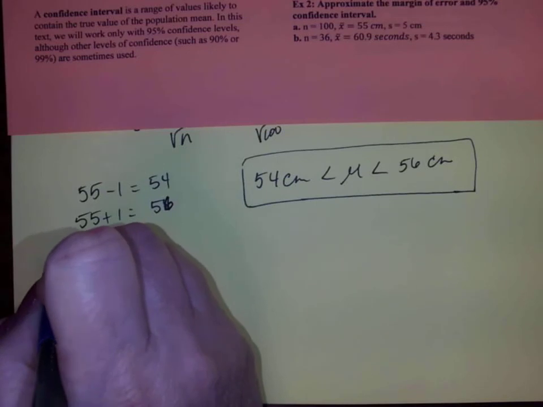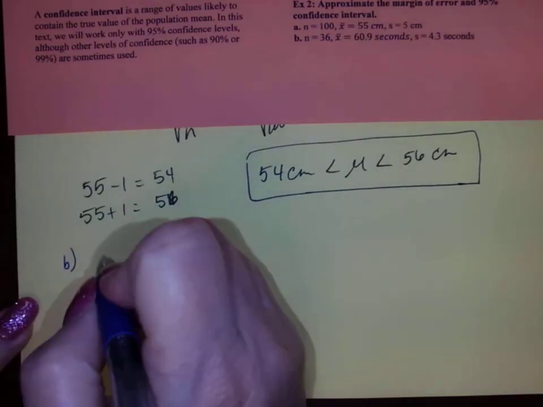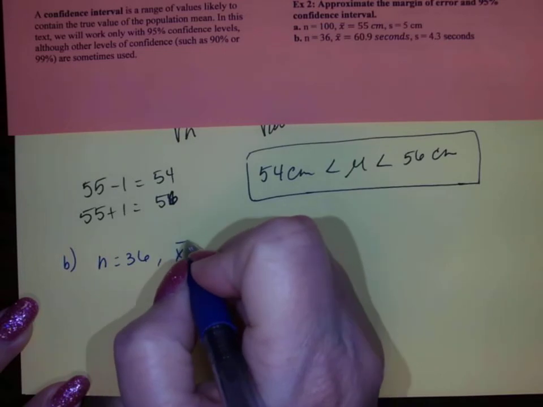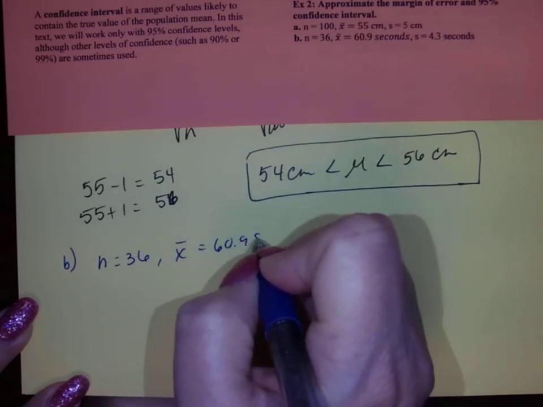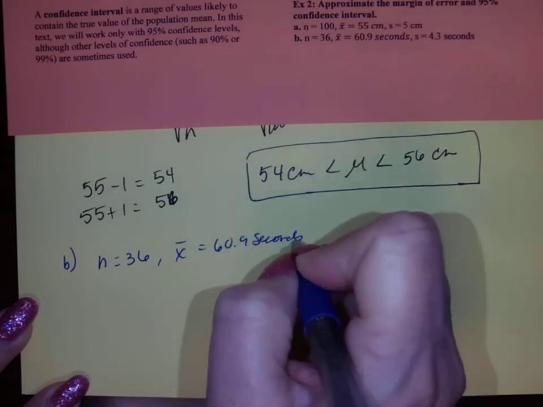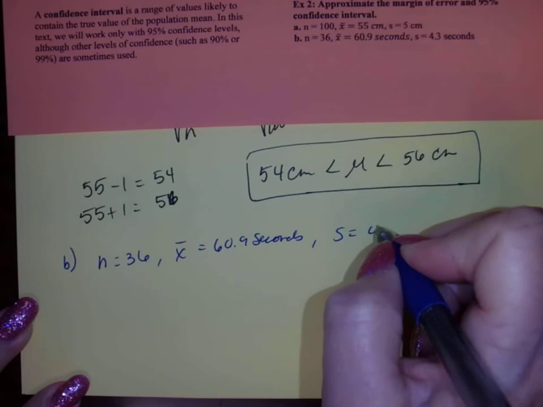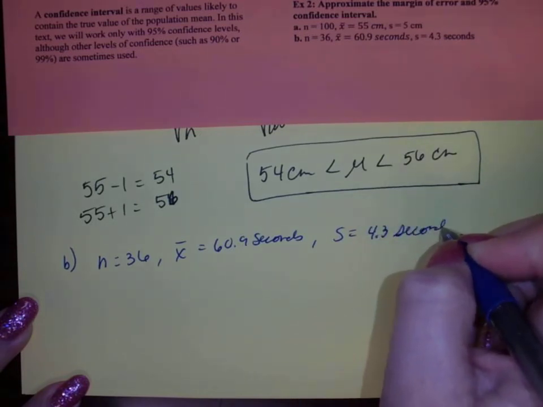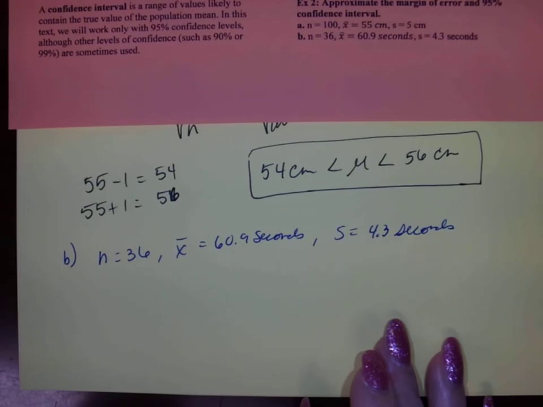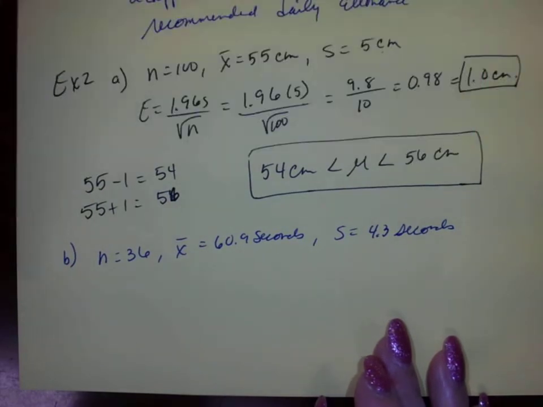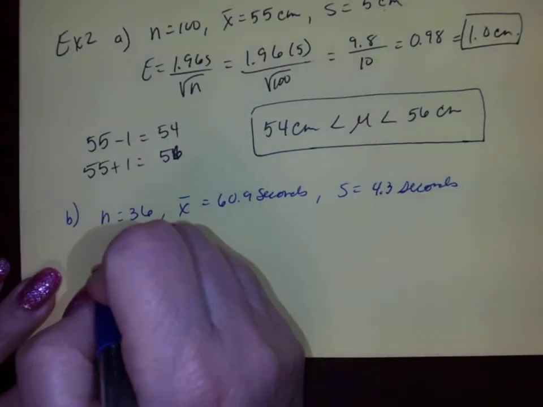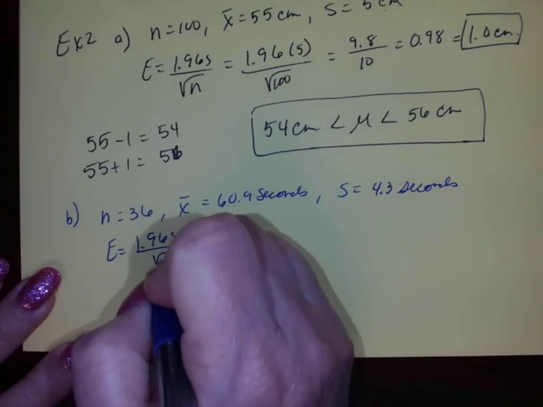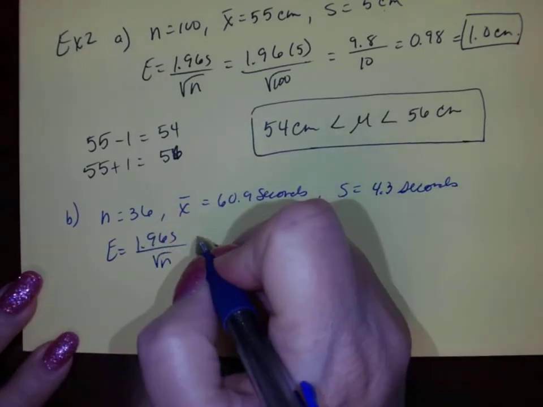Part B is the same process. We are given that n is equal to 36, x bar is equal to 60.9 seconds, and s is equal to 4.3 seconds. So we're going to do the same math process as the previous problem. So we'll have E is equal to 1.96s divided by the square root of n.